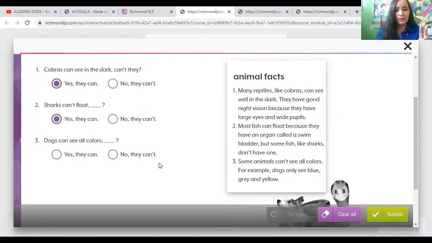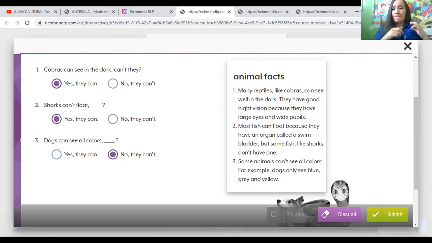Okay. Number 3. Dogs can see all colors. Can't they? The answer is no, they can't. Why? Because of the information, some animals can't see all colors. Dogs, for example, only see blue, gray, and yellow. Just 3 colors they can see, right?